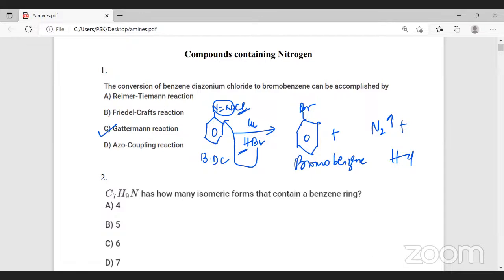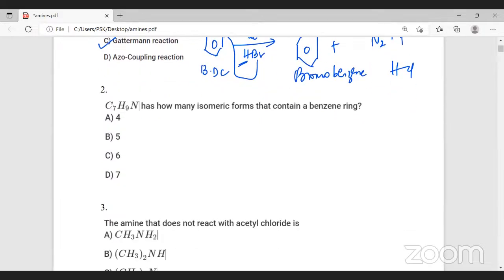The second question: C7H9N has how many isomeric forms that contain a benzene ring? C7H9N having one benzene, maybe they're asking isomeric forms that contain a benzene ring. At least it should contain a minimum of one benzene ring.